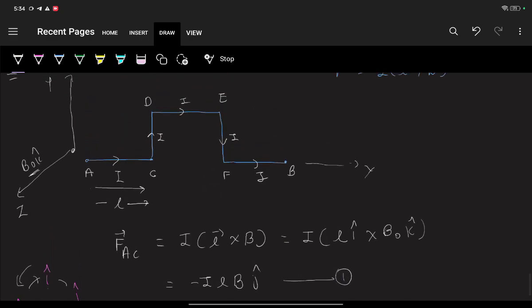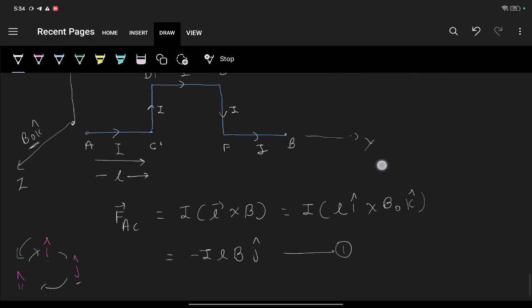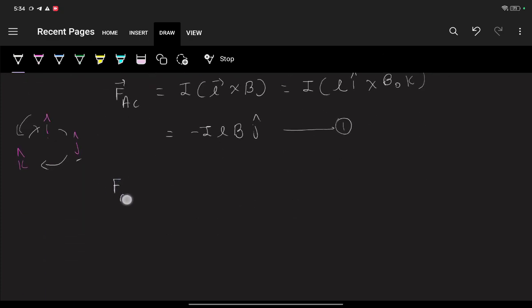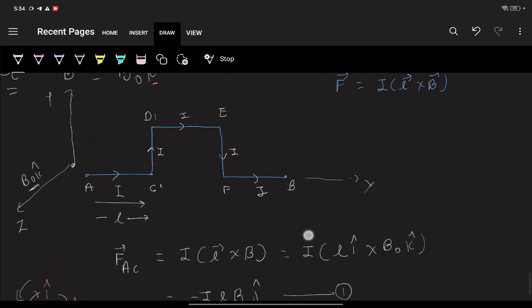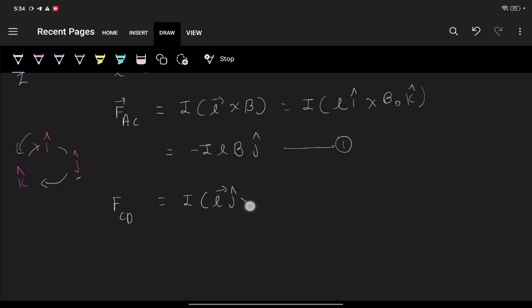Now what about force on CD section? The length is in Y direction, so it is L j cap cross B, which is always in k cap direction. According to the cyclic rule, j cap cross k cap will give us i cap. So it will be simply ILB i cap.